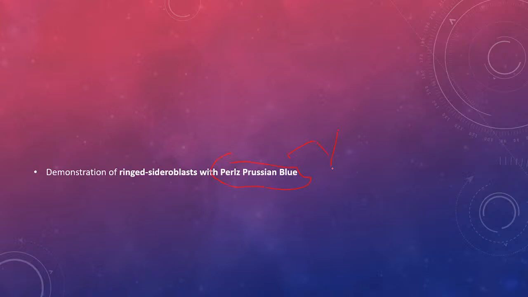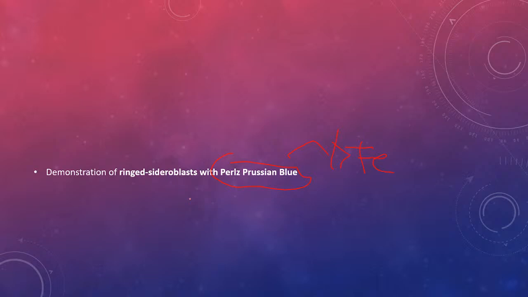So guys, please don't forget, anything that you want to stain, whether in histopathology, bone marrow, or if you want to demonstrate hemochromatosis in samples like liver biopsies, you can use Pearl's Prussian blue.